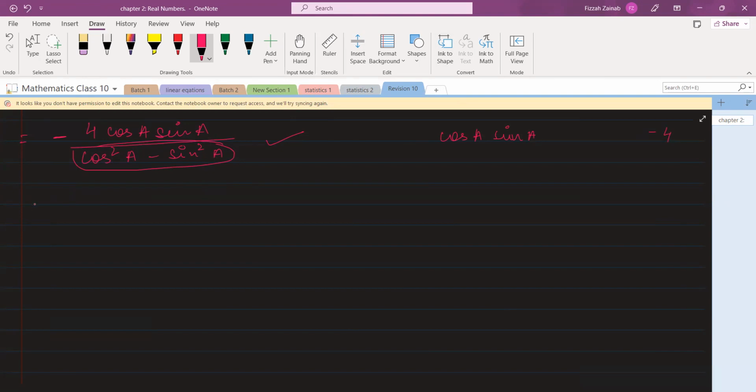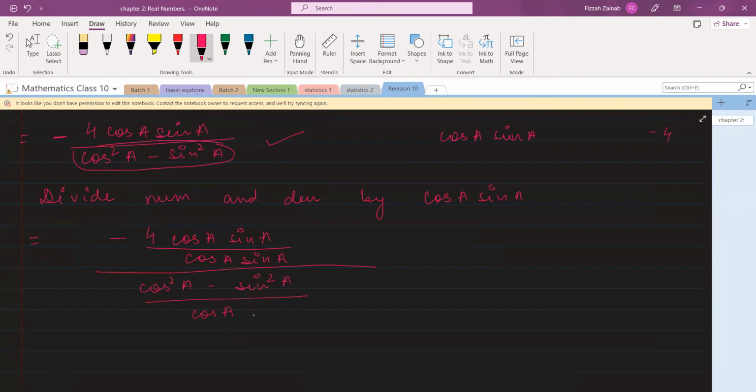Yeah, ma'am. Okay, so let us divide both numerator and denominator by cos A sine A. So I'll get minus 4 cos A sine A divided by cos A sine A. And then I have cos square A minus sine square A, also divided by cos A sine A. So here this is just minus 4.